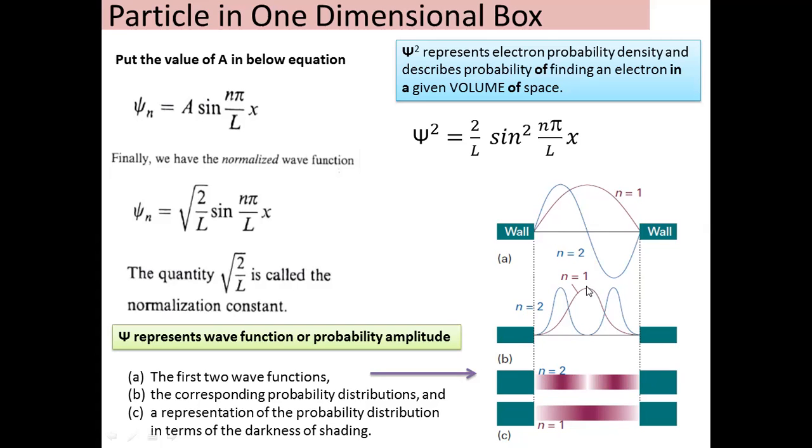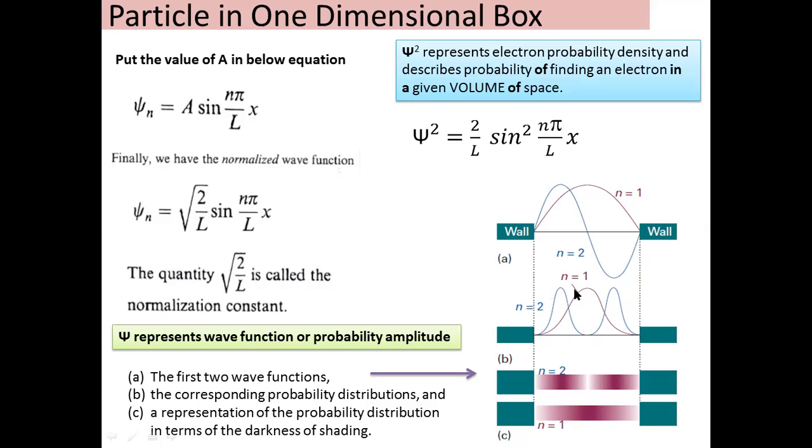And what would be the maximum probability of the electron? The maximum probability of the electron is over here, and that is indicated with this color, because this is the first energy level or the first shell, and this is the second energy level.